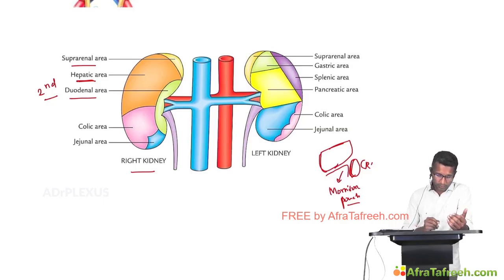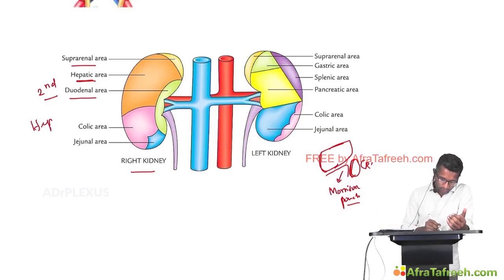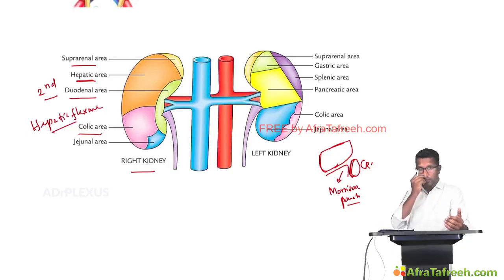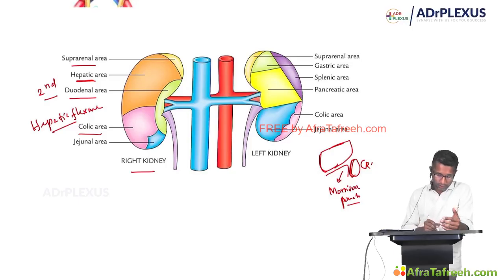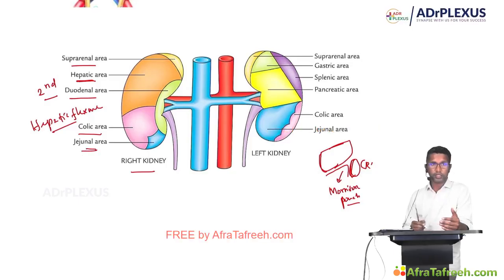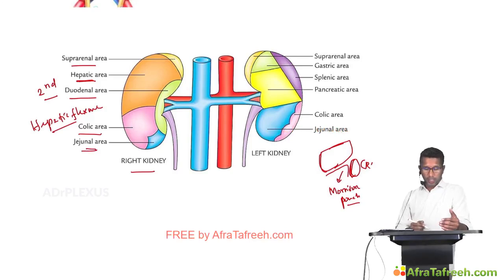The colon which is related to the kidney is the hepatic flexure of the colon. And to the lower pole, it is the jejunum which is related to the right kidney.